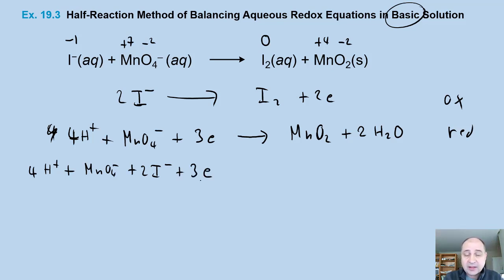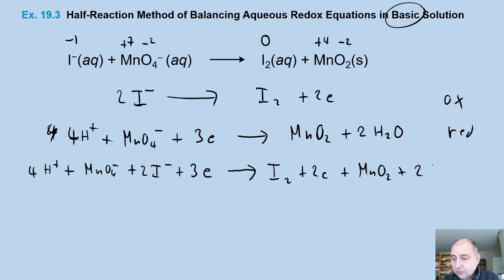So I still have to balance electrons. I forgot that, but that's no problem. I can do that here in a minute. And then let's finish this first. I have I2 and 2 electrons and manganese oxide, and then 2 water molecules. And so the problem, of course, is that my electrons don't drop out.